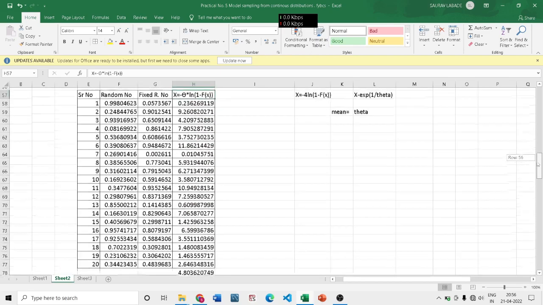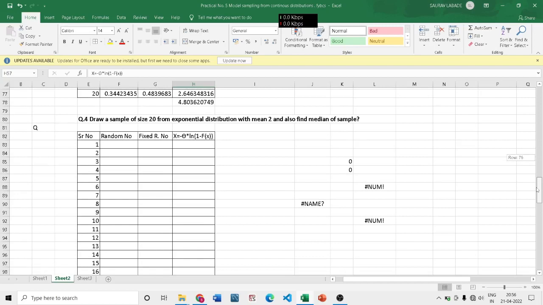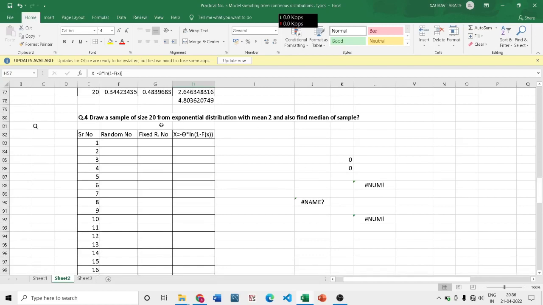Again here it is an example of the exponential distribution, and here it is taking the mean as 2, and we also have to find the median of the sample. So again just use equals rand of, bracket close.